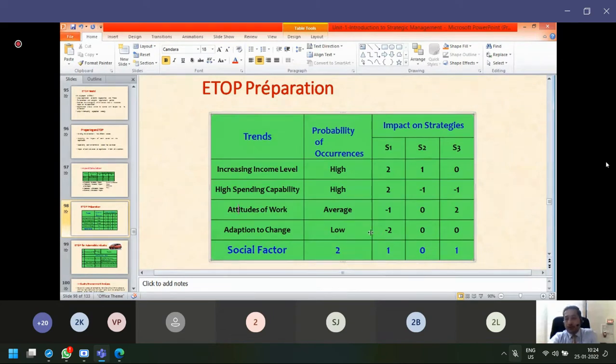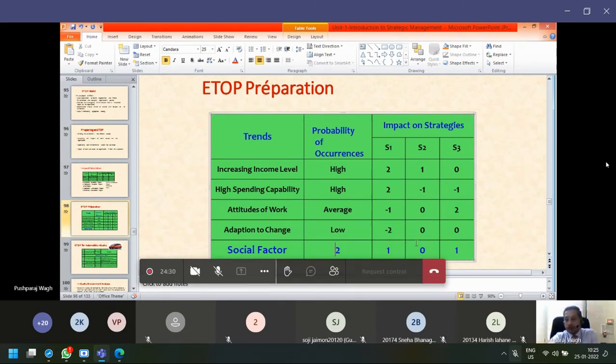And once these marks are given for this entire factor, that is the social factor, we'll have to calculate the total. So this social factor which we have divided into the different sub factors, for the social factors, we have calculated the total marks. The probability of occurrence total is 2 on the basis of judgment. It is having a very high probability of occurrence, and a highly positive effect. So how is it calculated?